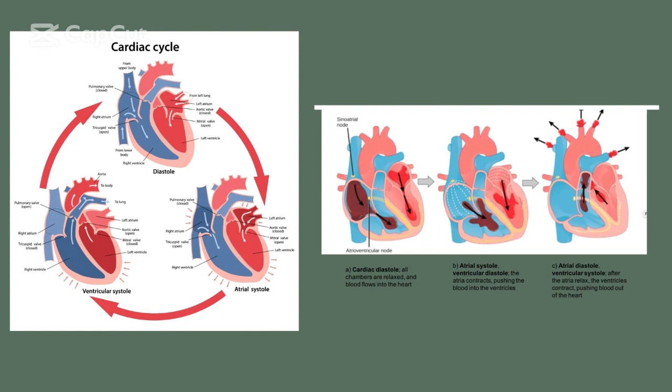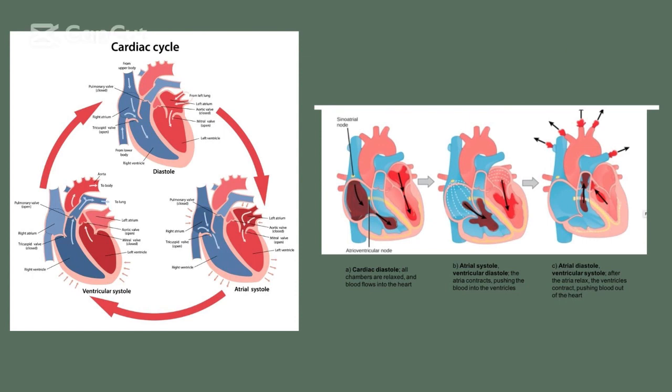The elastic recoil of the heart. So remember we discussed last week how elasticity in the blood vessels, for example, means that they can endure changes in pressure. The heart is the same thing. So when the elastic recoils, it lowers the pressure inside the heart chambers, and what this then means is that blood can return to the heart from the vena cava and the pulmonary vein and fill the atria.